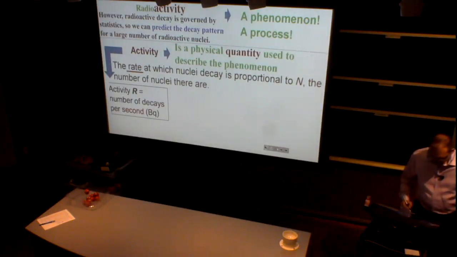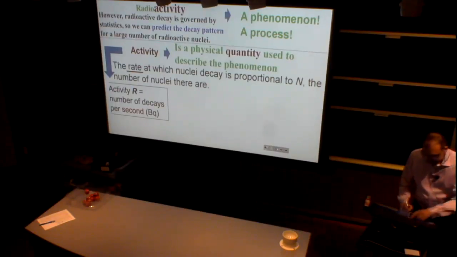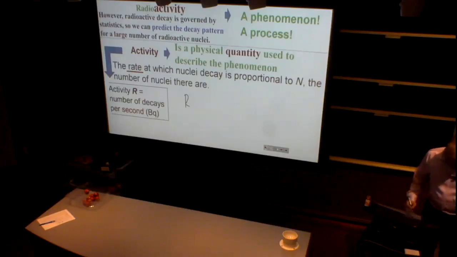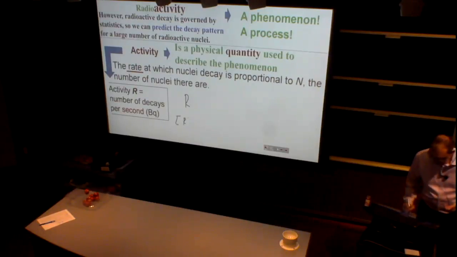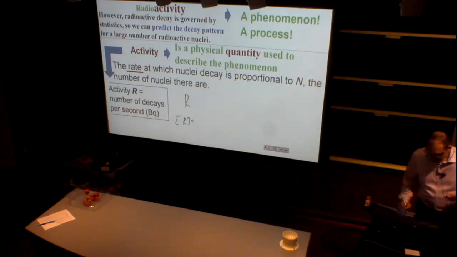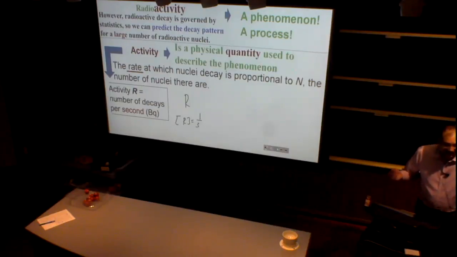First of all, this letter R is a standard symbol for activity. The unit of activity in the international system of units is a becquerel, Bq. So it's 1 over a second because a number has no unit.